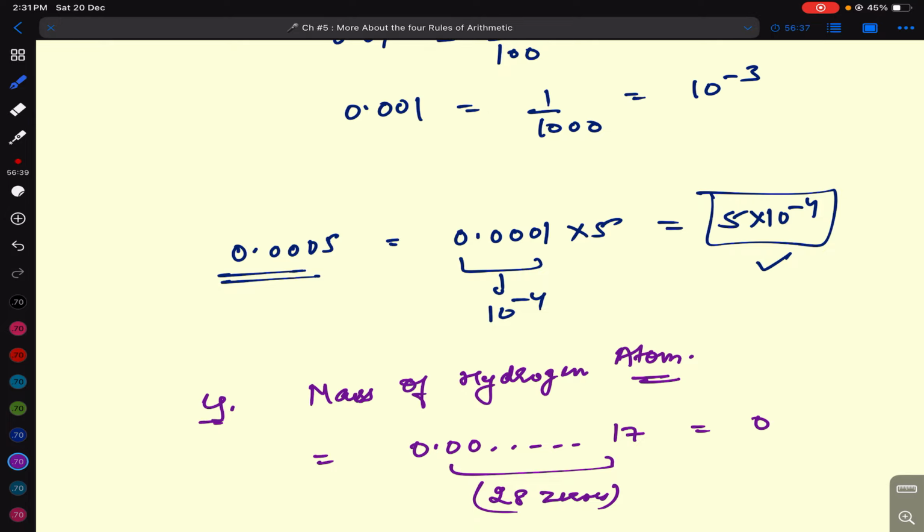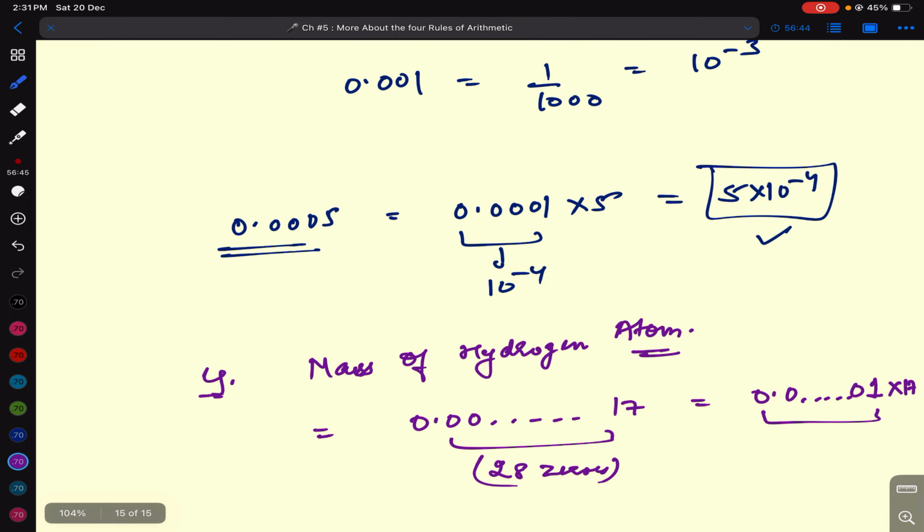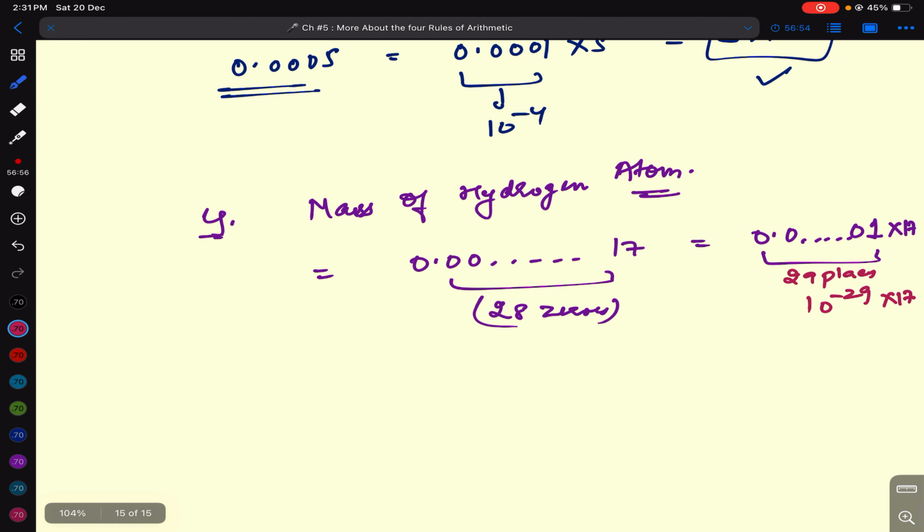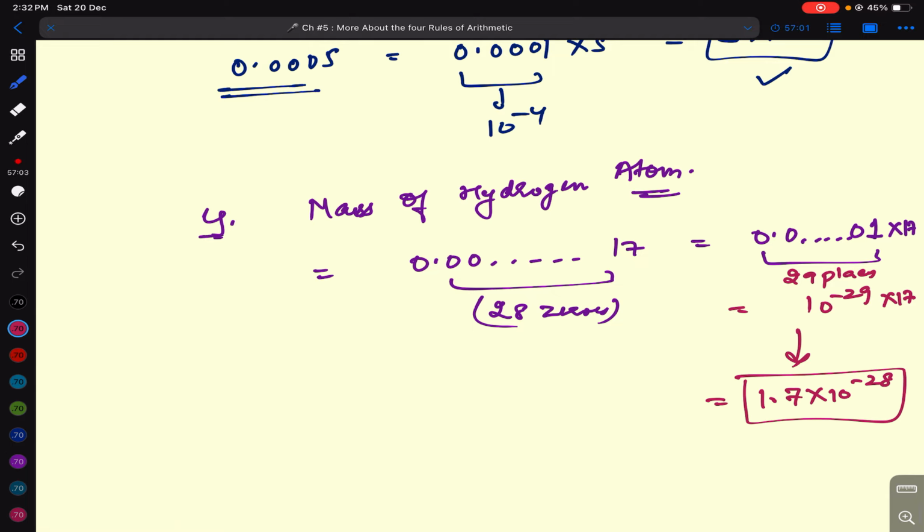So this is basically 0.0 with 28 zeros and then 1 multiplied with 17. So this is 29 places, right? So it will be 10 to the negative 29 times 17, and then you can simplify this further to 1.7 times 10 to the negative 28 units. This is how we convert that to scientific notation.